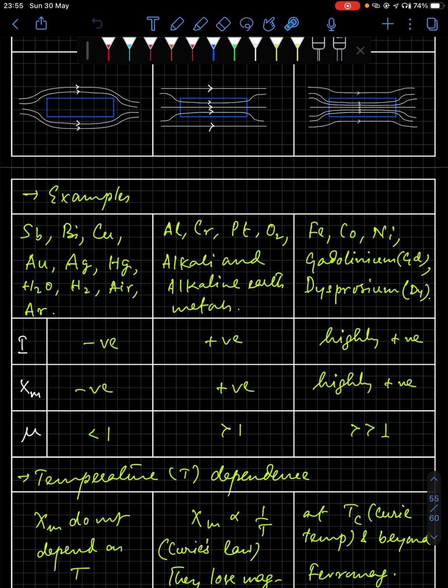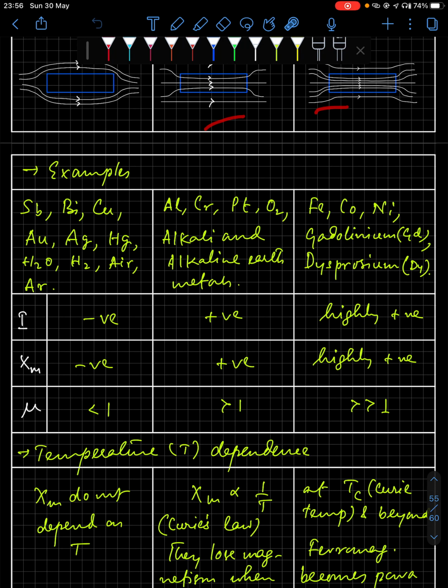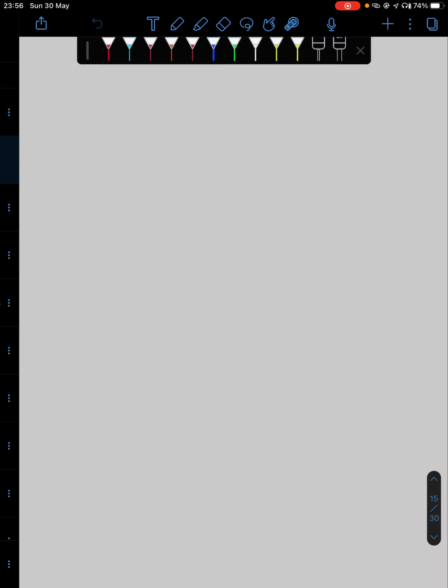So you can say that the permeability will be 0 in this case. Greater than 1 or much greater than 1 means these values are not equal to 0, so they allow field lines to pass through, and diamagnetic does not allow.